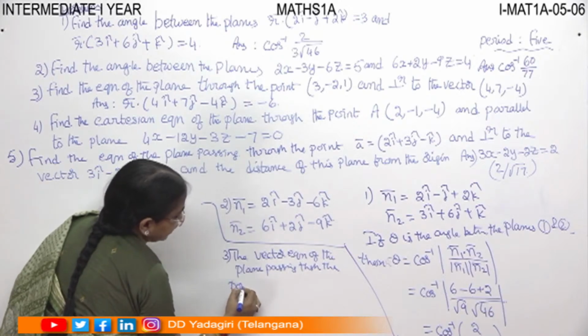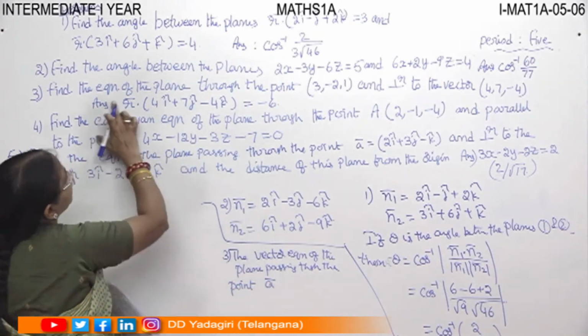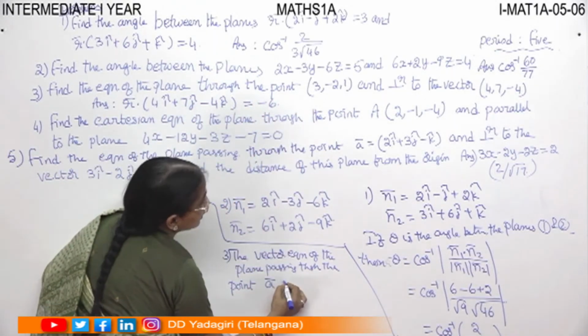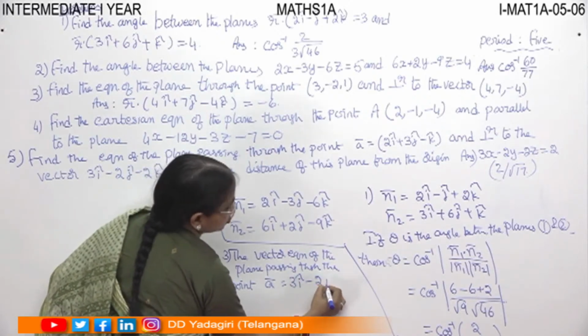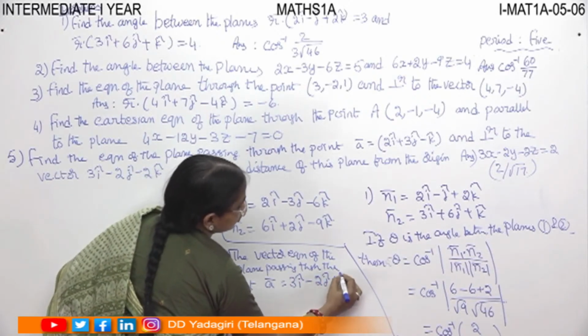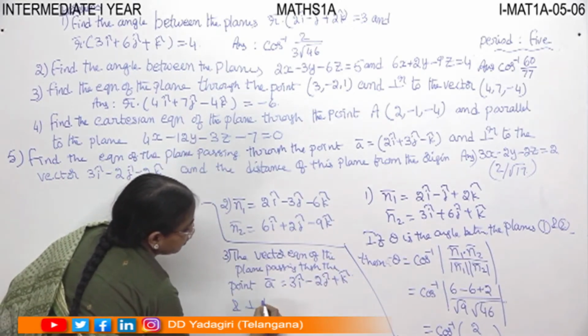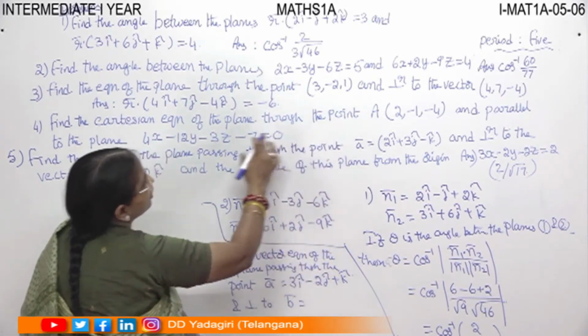What is the point there? According to our standard notation, it is A. This point is 3i minus 2j plus k, you write in terms of ijk. Passing through this point, and perpendicular to the vector b.